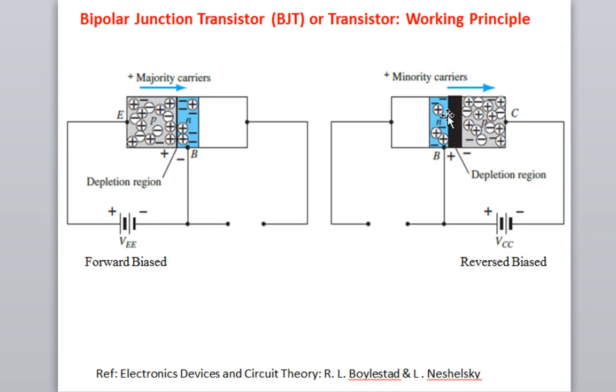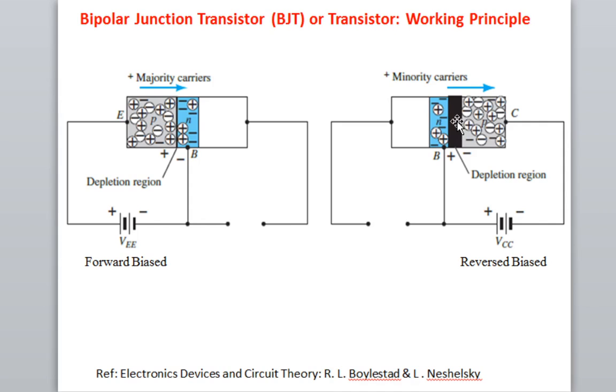So current will flow when holes diffuse from the N side to the P side, or electrons diffuse from the P side to the N side. So electrons at the P side and holes at the N side are basically minority charge carriers.